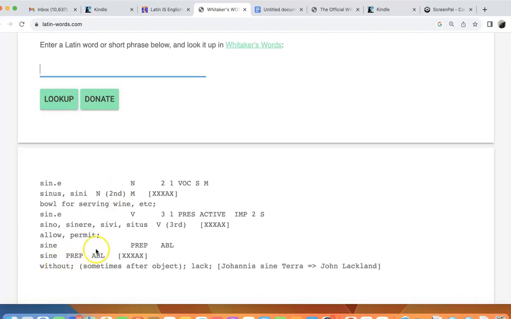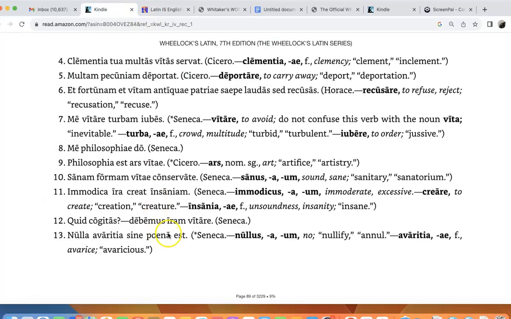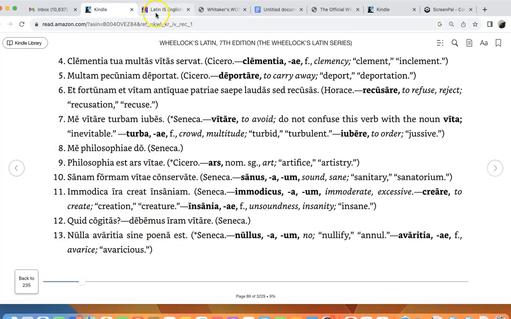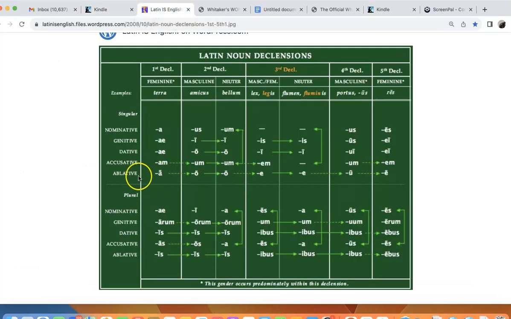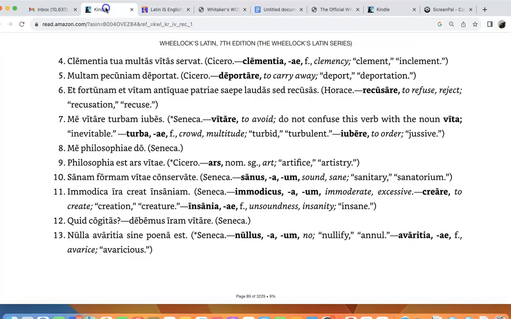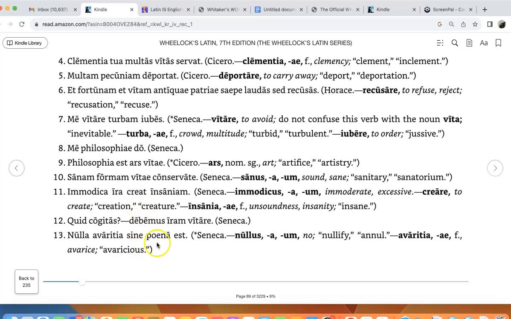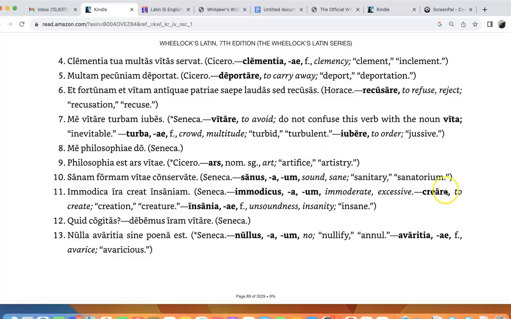Looking at the example here, the a with the macron is in the ablative. So when we see prepositions, oftentimes they're in the ablative, so keep that in mind. So, without punishment. Poena can also mean penalty. Indeed, our words penalty and impunity come from the Latin.